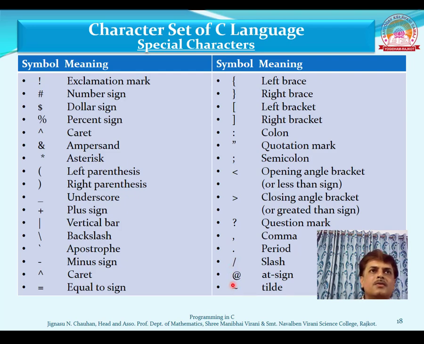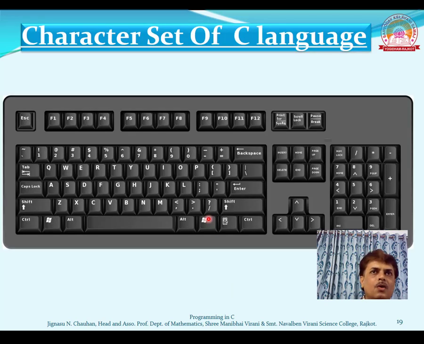These are the different special characters offered by C language, which can be used in any C language program as per requirement. We can see that all these symbols are available on the regular keyboard here.